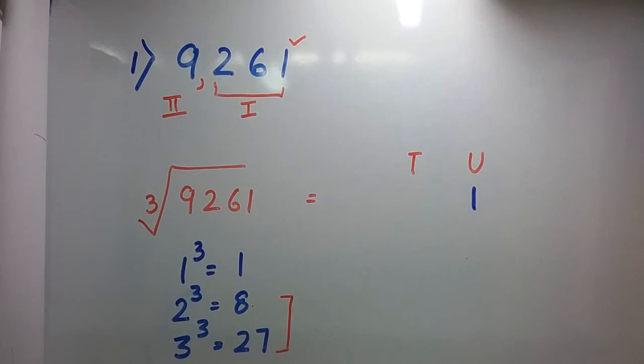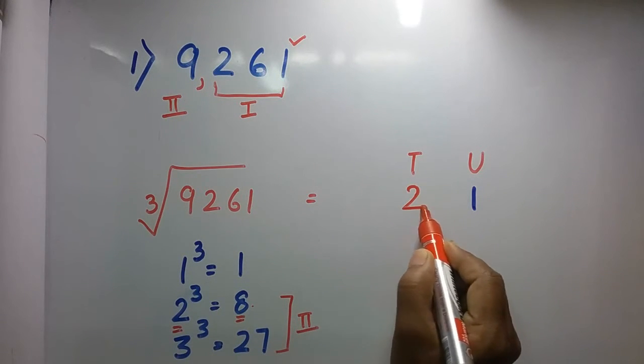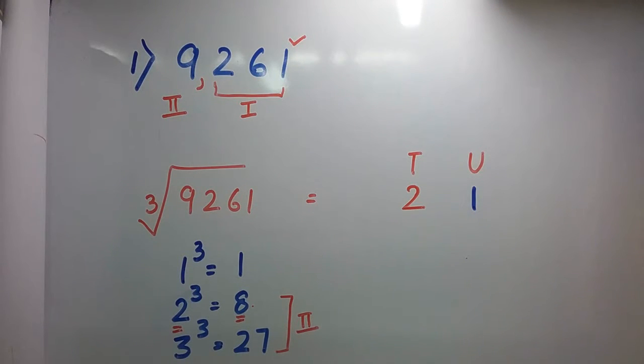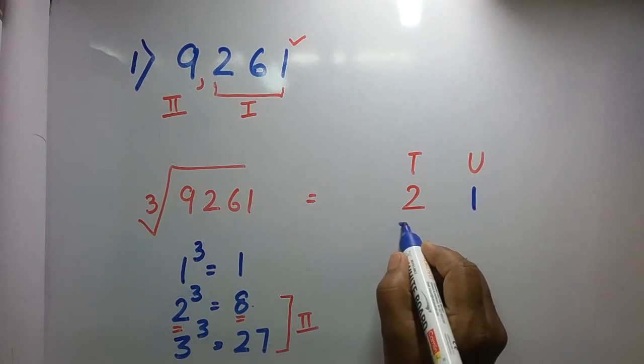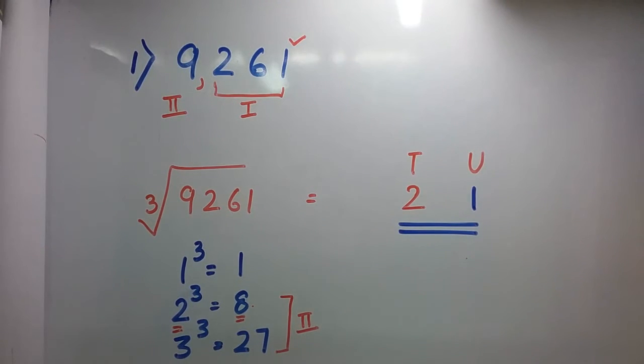Out of these, 8 is minimum, which is the cube of 2. Here you will get 21. That is, the cube root of the given number is 21.